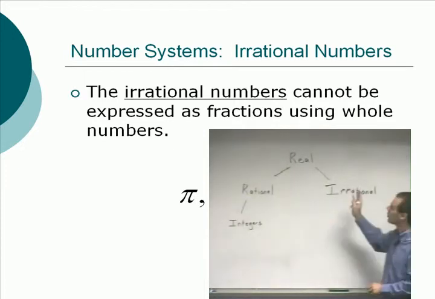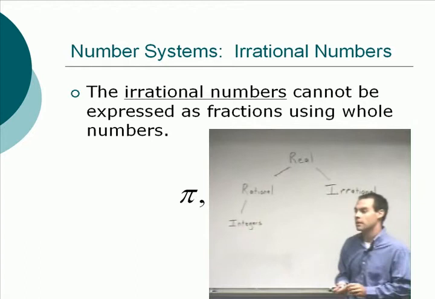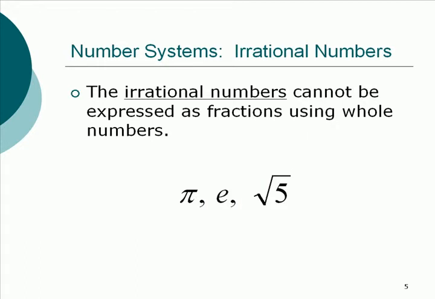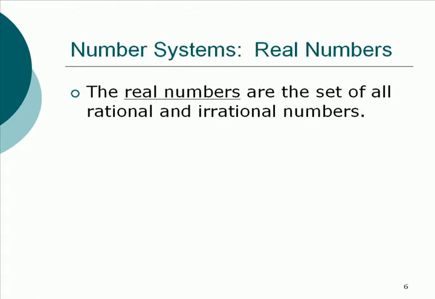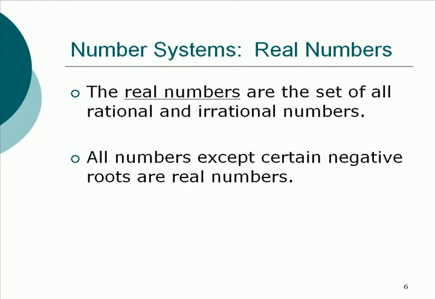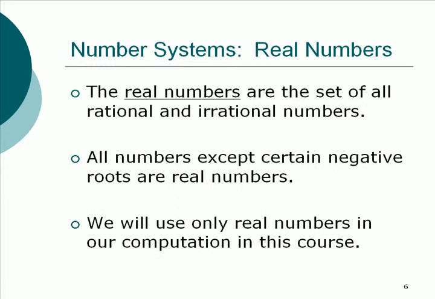The real numbers compose all the numbers that we'll be working with in this course. But again, we're going to focus on only the real numbers, that is, the rational and the irrational numbers in this course.